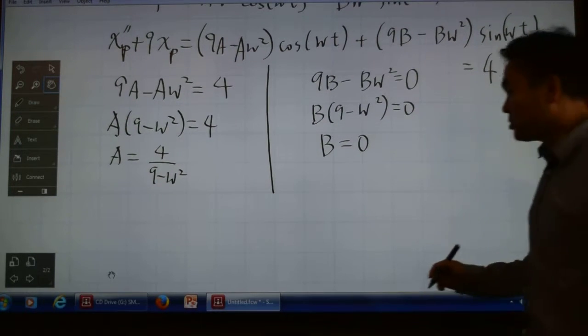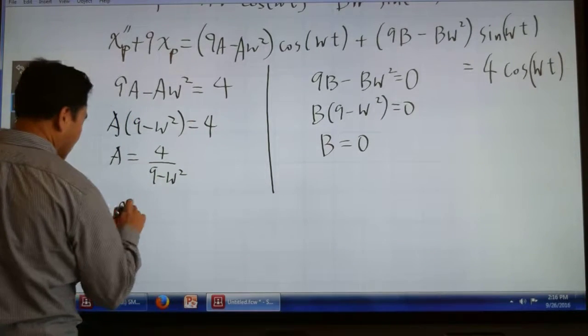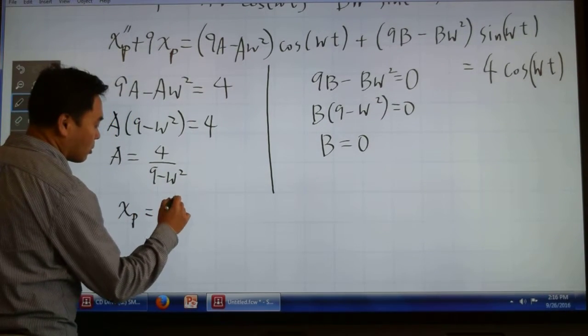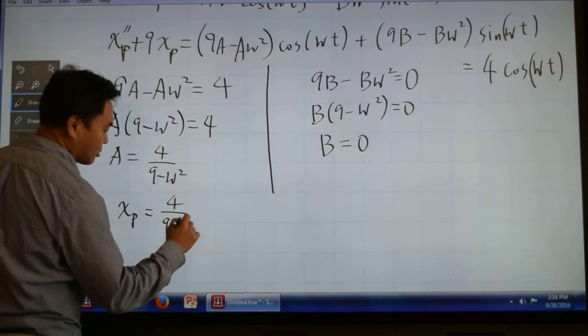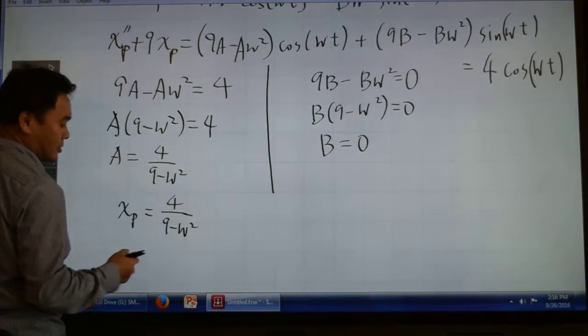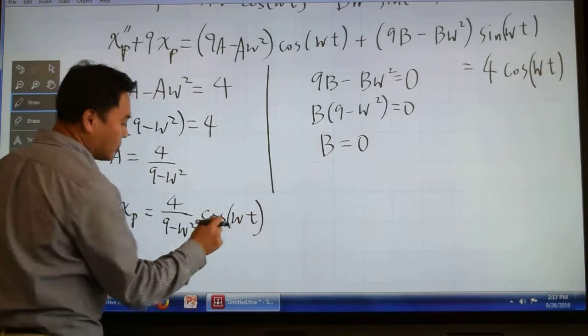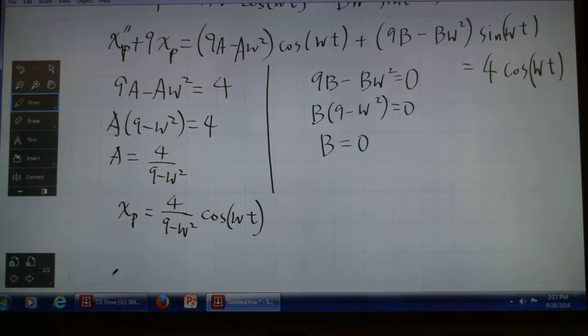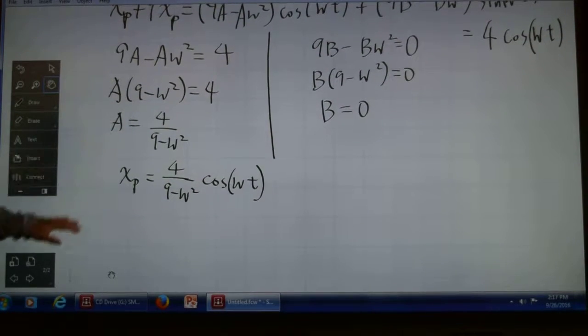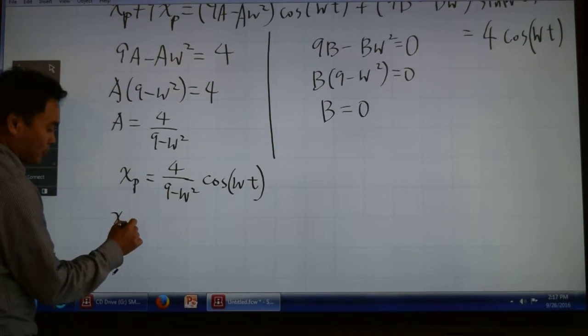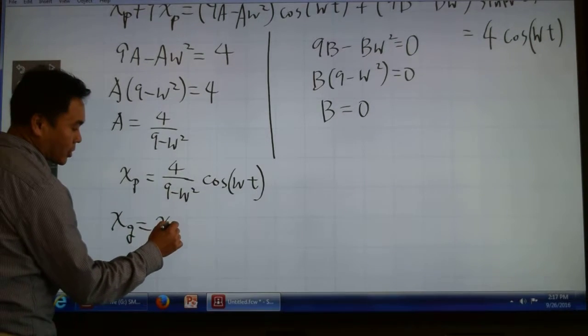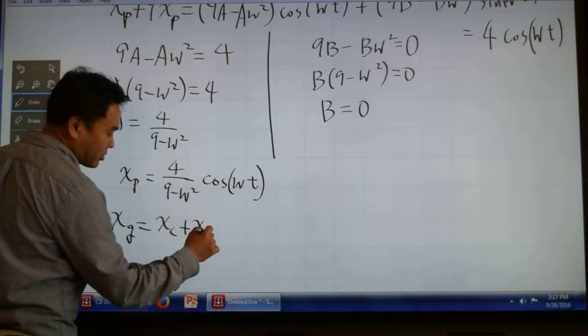And then you see that xp is equal to 4 over 9 minus w squared times cosine wt. This is one particular solution. And the general solution is what? The complementary plus the particular.